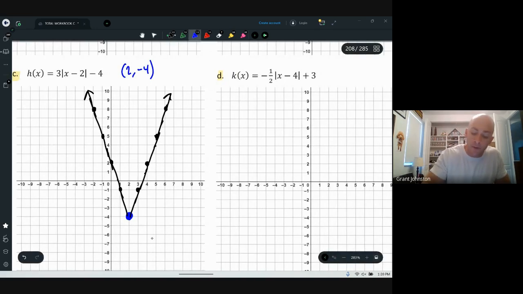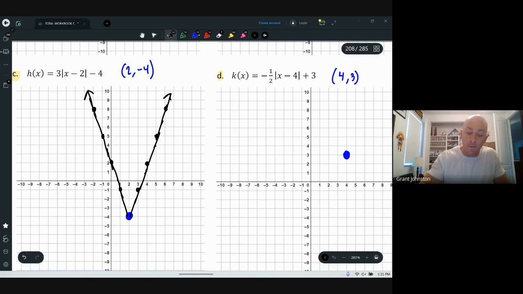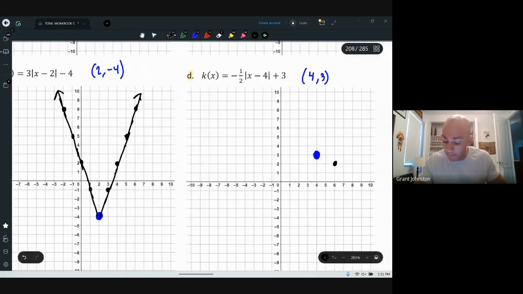Last one, I'm going to show you, and I'll let you try some after this. The vertex is +4 and then 3. Slope is -1/2, so I'm going to go down 1 over 2. It's going to go like this.